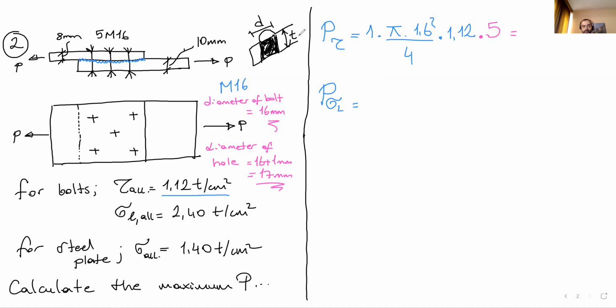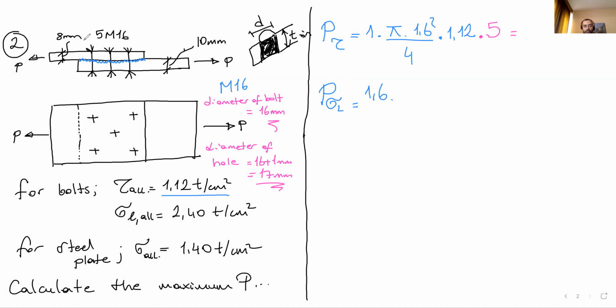So this is the minimum. Let's write that as an equation. The area is D, given in the question, 1.6 centimeter. I converted it to centimeter, not millimeter here, times T minimum. We have two plates here. Take a look, the plate goes right and the other plate goes left.